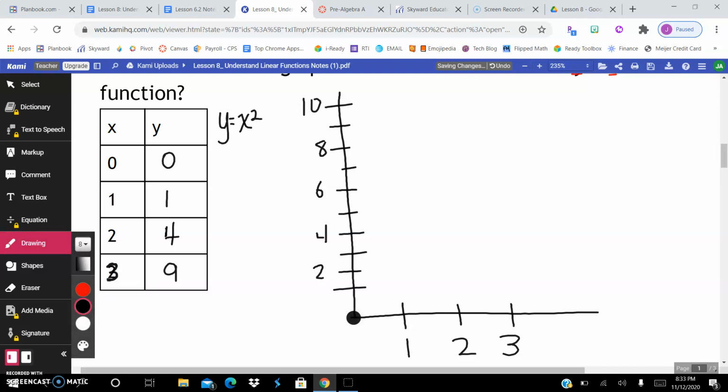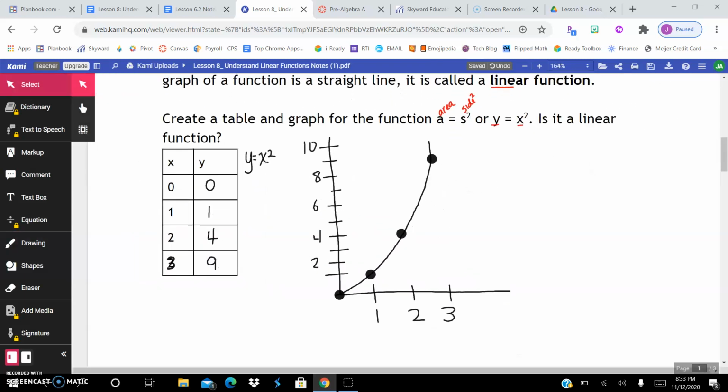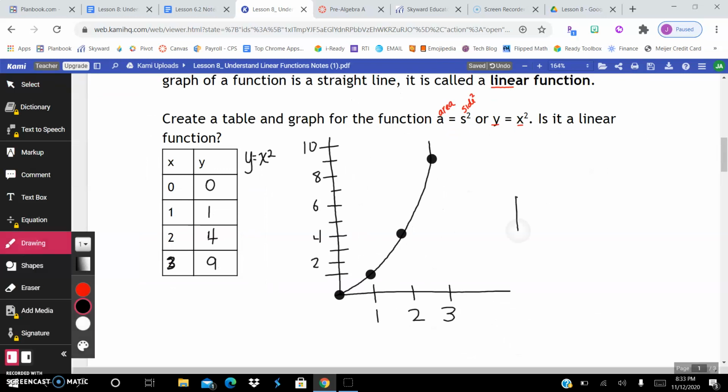Then we can go 1, 1, and over 2 up 4, and over 3 up 9. Oops. This is not a straight line. As you can see, it kind of has a curve to it. So is this a linear function? We can say no, it is not. It does not form a straight line.